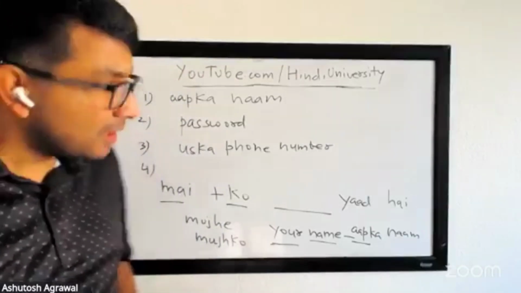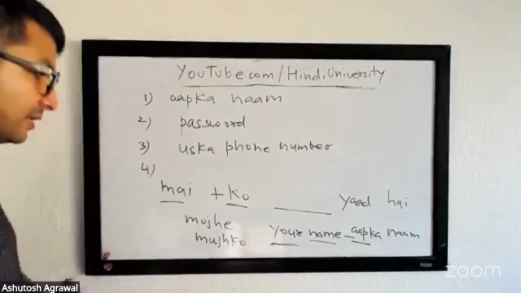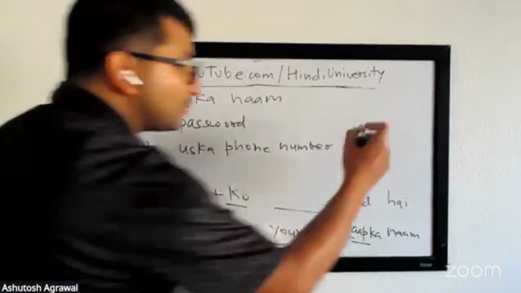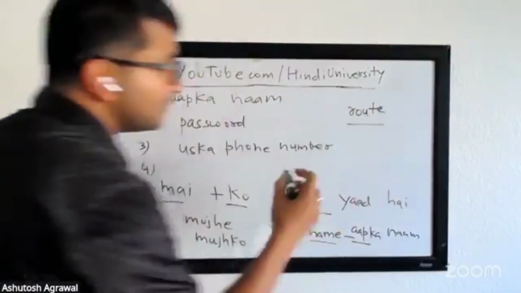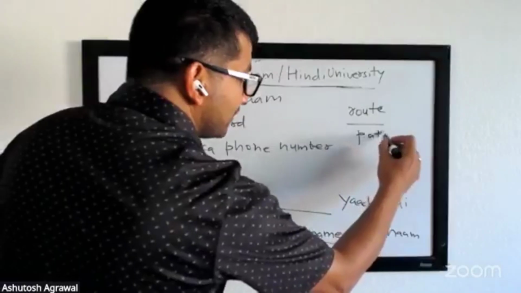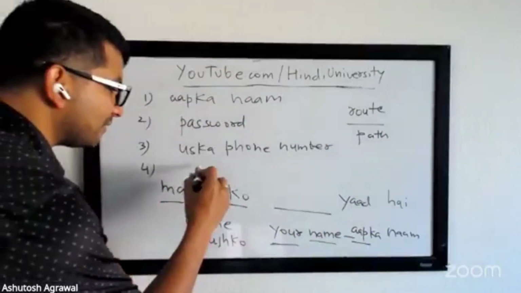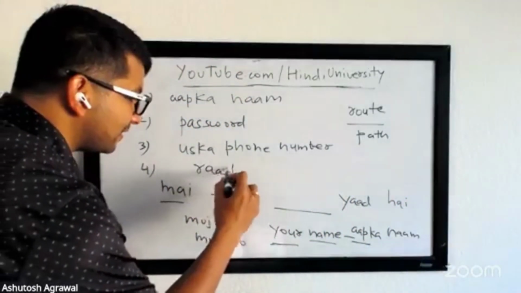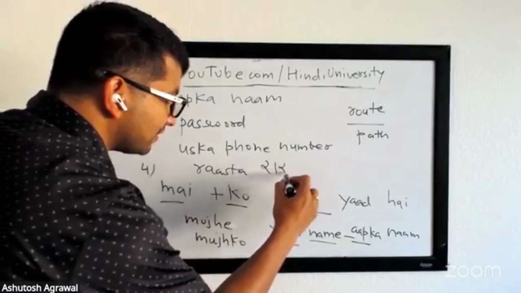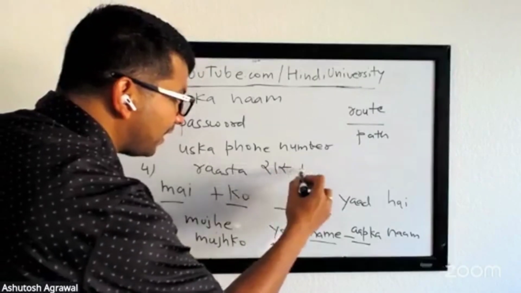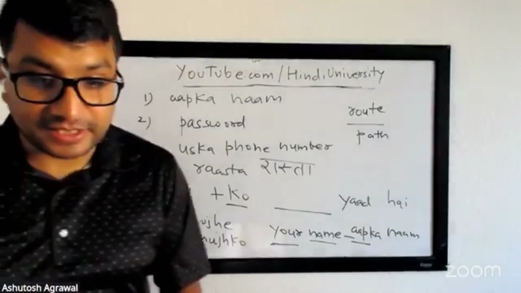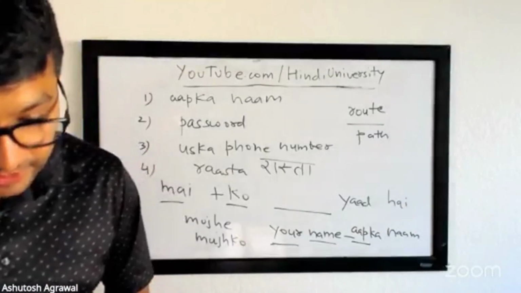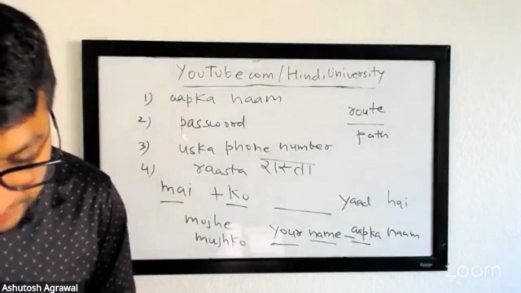Vlad, how will you say, I do not remember the route? अच्छा, तो मुझे रास्ता नहीं याद है. Beautiful. Rasta. R with A, half S and T with A. मुझे रास्ता याद नहीं है.